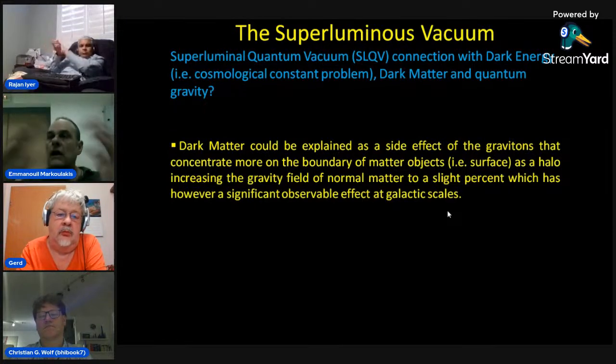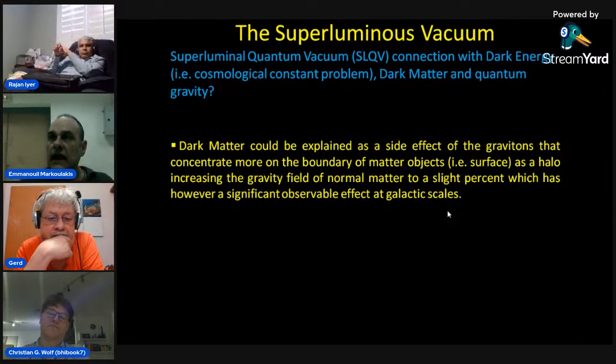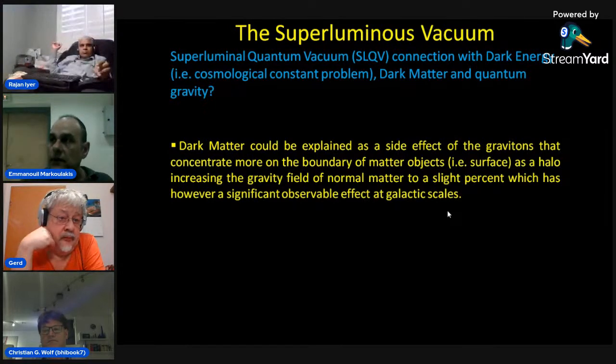It's not just the galaxies. The gravitons are surrounding even the atoms and all the elementary particles. They're all around as virtual particles, yeah?